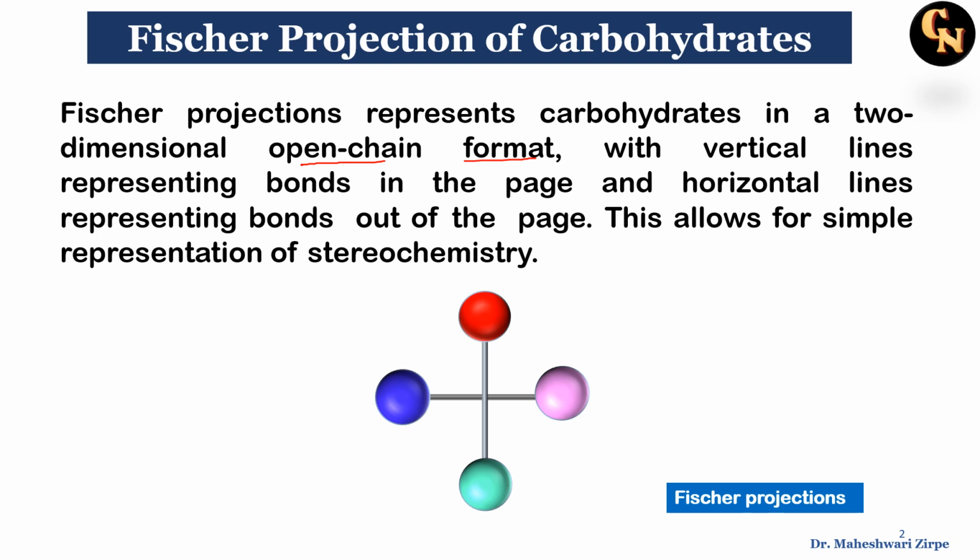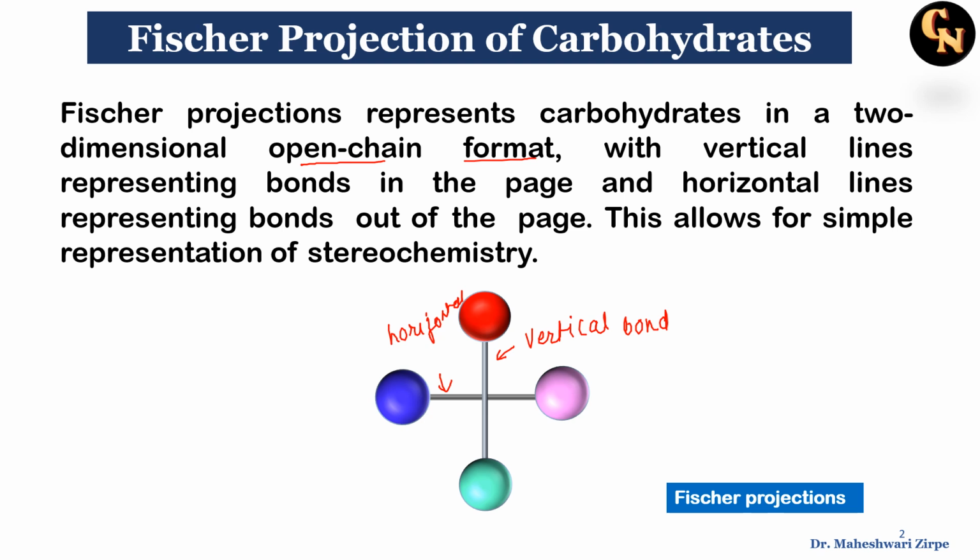Let us represent this structure where there are 4 atoms and 2 bonds, bond 1 and bond 2. One is the vertical line, or vertical bond, and this one is your horizontal line.